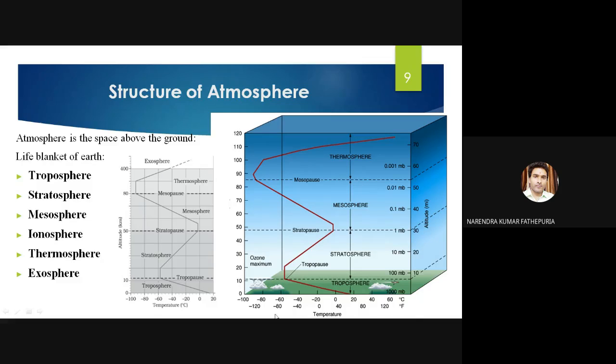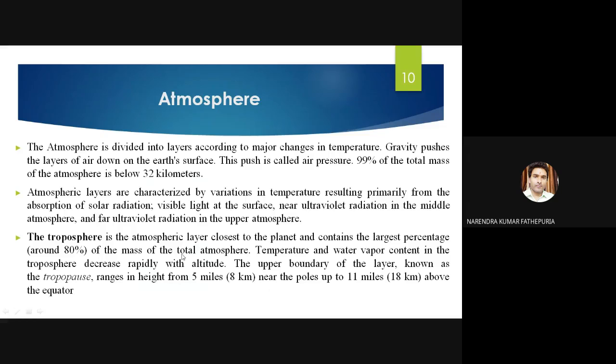This is the altitude with respect to temperature in the various spheres. So the atmosphere is divided into layers according to the major changes in temperature. Gravity pushes the layer of air down on the Earth's surface. This push is called air pressure. 99% of the total mass of the atmosphere is below 32 kilometers only.